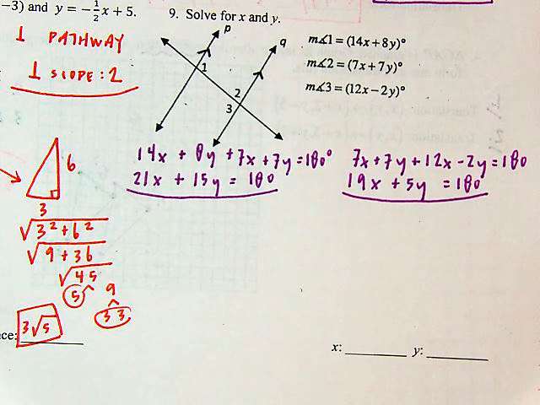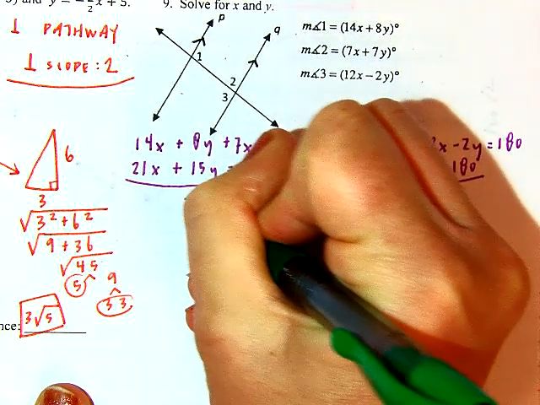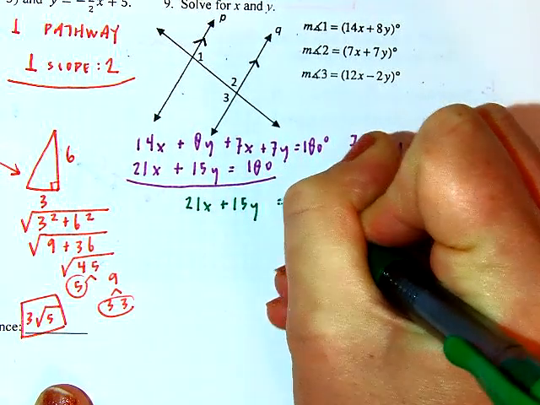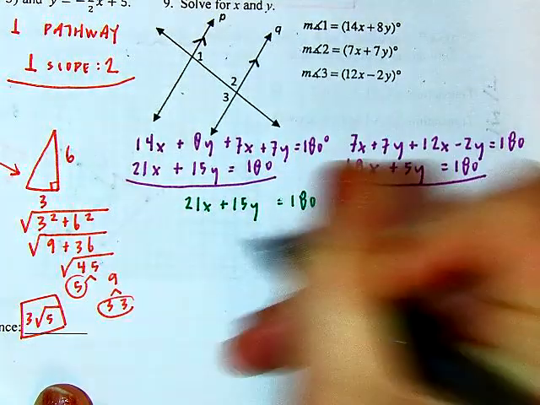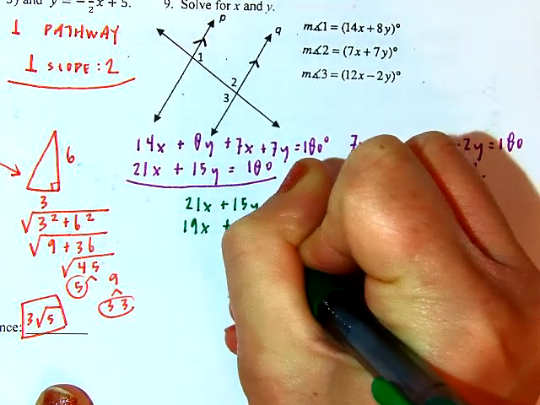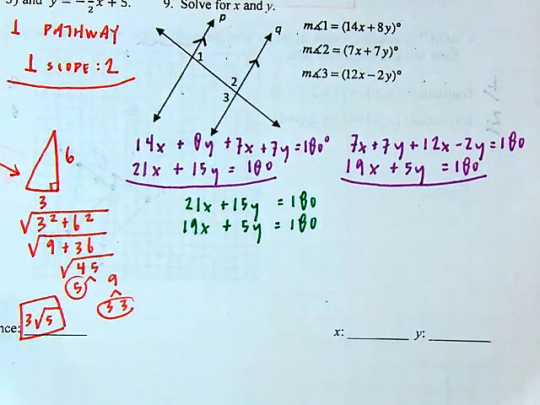Now that we have these two equations, and they both have two variables, we want to solve as a system. I'm going to join those two equations together: 21x plus 15y equals 180, and 19x plus 5y equals 180.